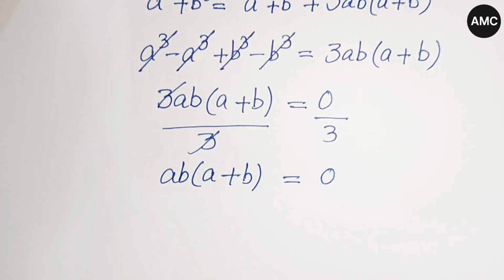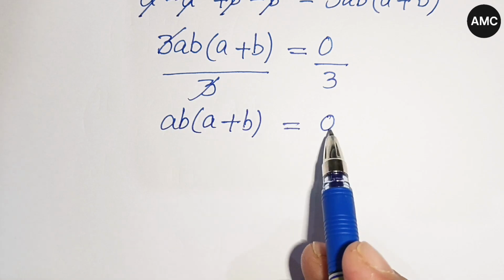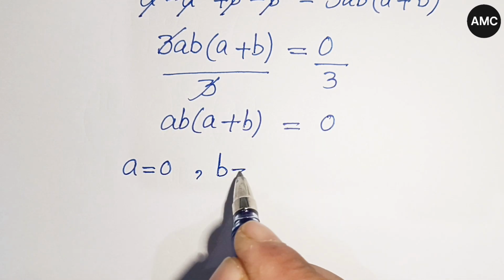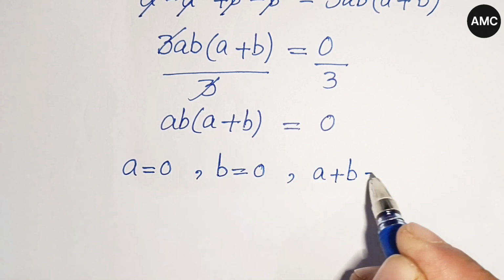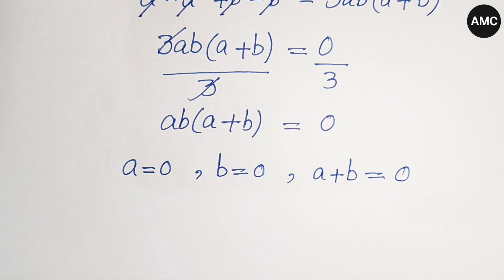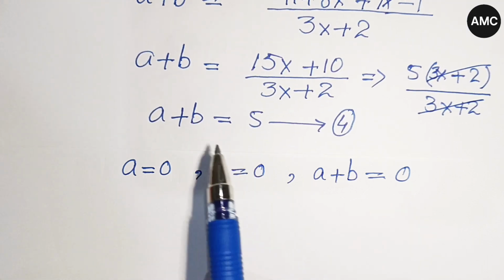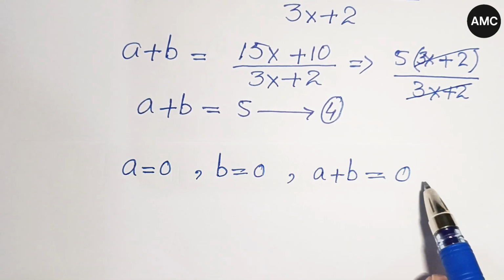Now here according to the system of equations we have a is equal to 0, similarly b is equal to 0, and this a plus b is also equal to 0. Here a plus b is equal to 0, but according to equation number 4 a plus b is equal to 5, so it is not possible that a plus b is equal to 0.